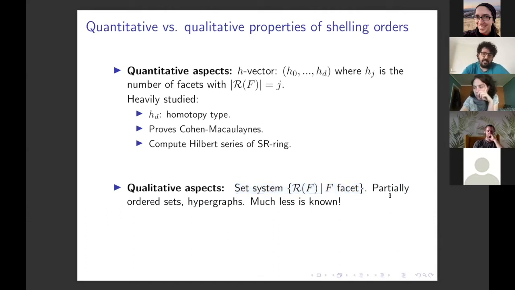And I can look at this as a poset or as a hypergraph. Now it's becoming trendy to talk about hypergraphs. For general simplicial complexes, these qualitative aspects of a shelling order are way less studied, and the point I want to make is that it might be worth taking a look at them.